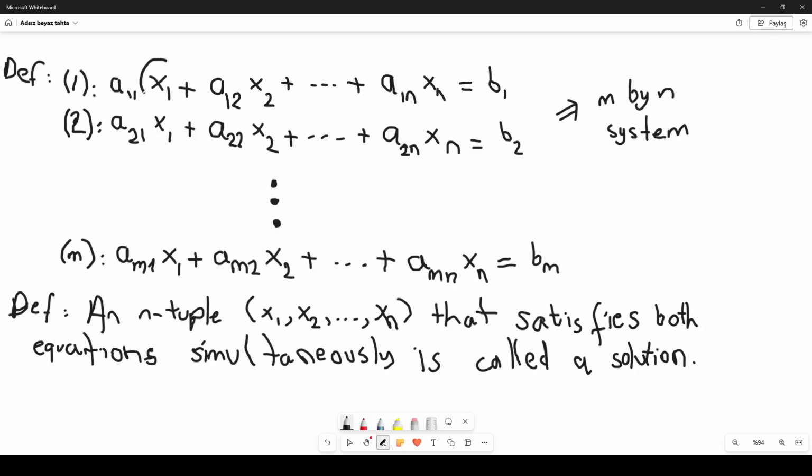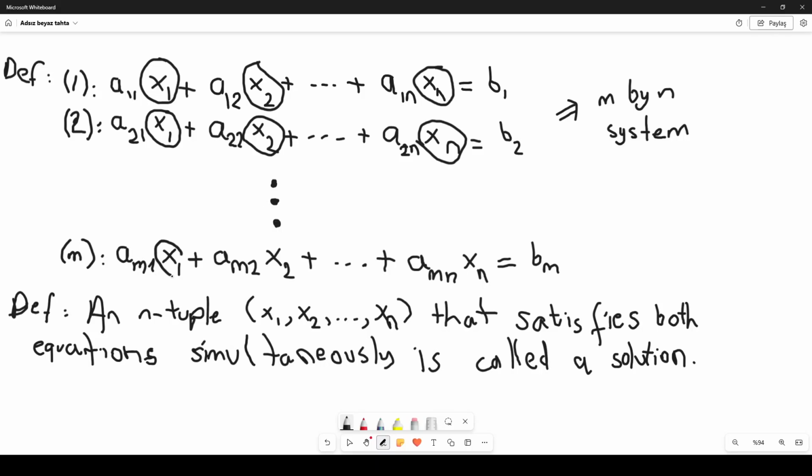And what are the unknowns here? You notice that we have x1, x2, and xn, and this tuple, x1 to xn, is called the unknown variable vector. This is just a vector of unknown variables. And as you might notice, right below the first equation, in the second equation, we have the same unknown variables, which is very normal to see, because what we will be looking for would be these values.